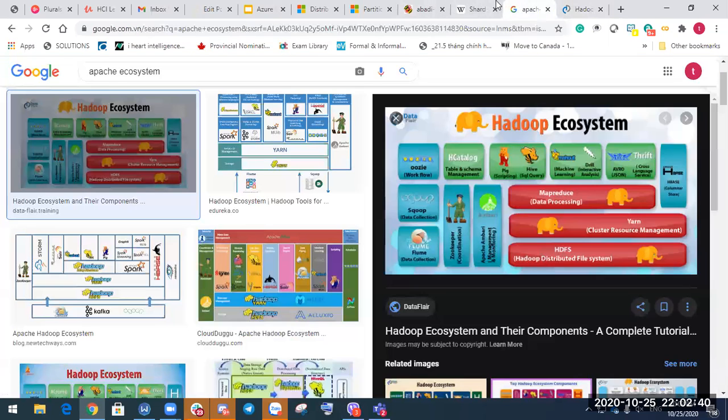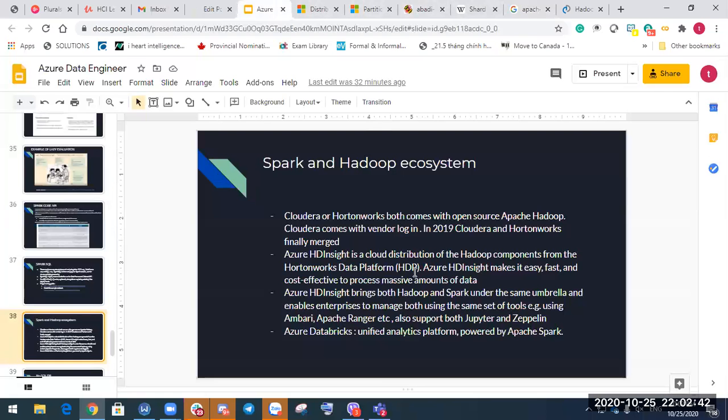And with Databricks, because it is built on Spark, it doesn't have this kind of richness of ecosystem. And of course it provides all the tools in place of that. But for people, for example, who come from the Hadoop on-prem system and prefer to have the same environment, the solution is Azure HD Insight, because it is the cloud distribution that has both Hadoop and Spark together.